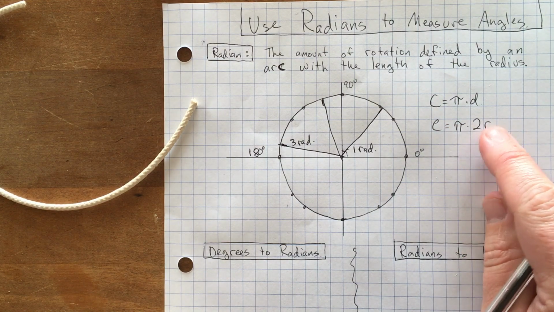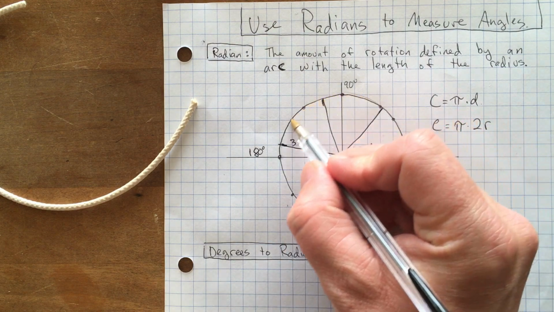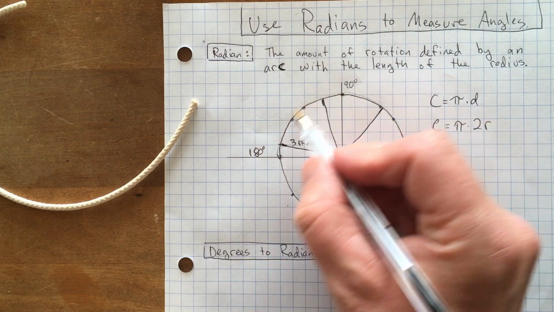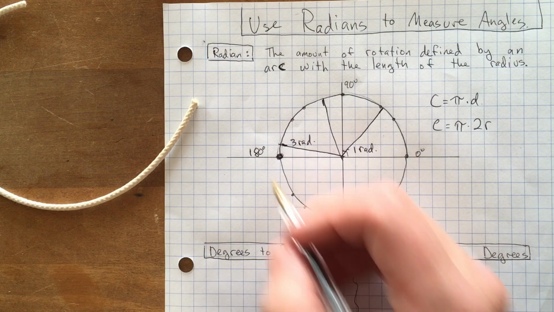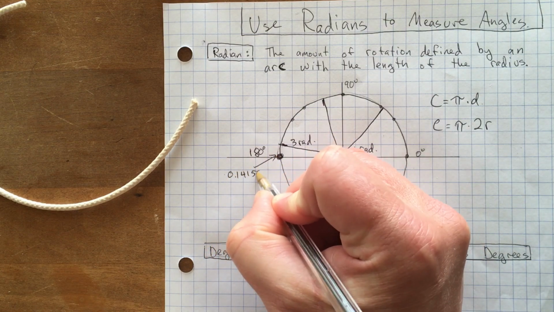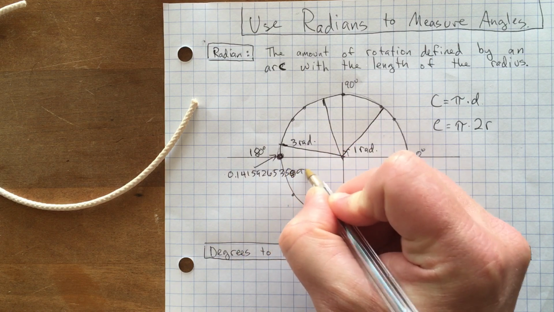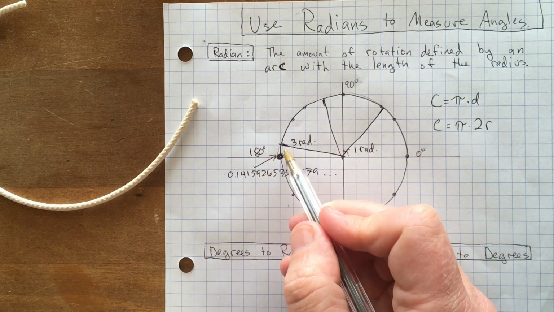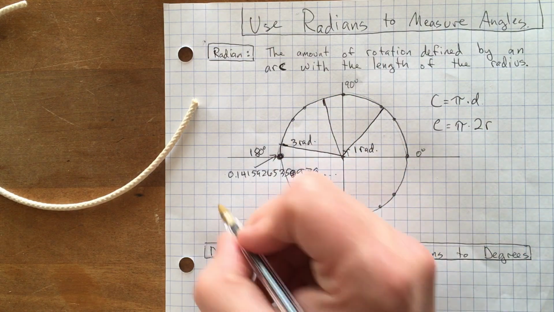But a radian is just the radius. So how many radians does it look like there are in 180 degrees? 3 plus a little bit more. What do you think that little bit more is? I'd say that's approximately 0.14159265358979 and so on. It turns out that it's pi radians in 180 degrees.